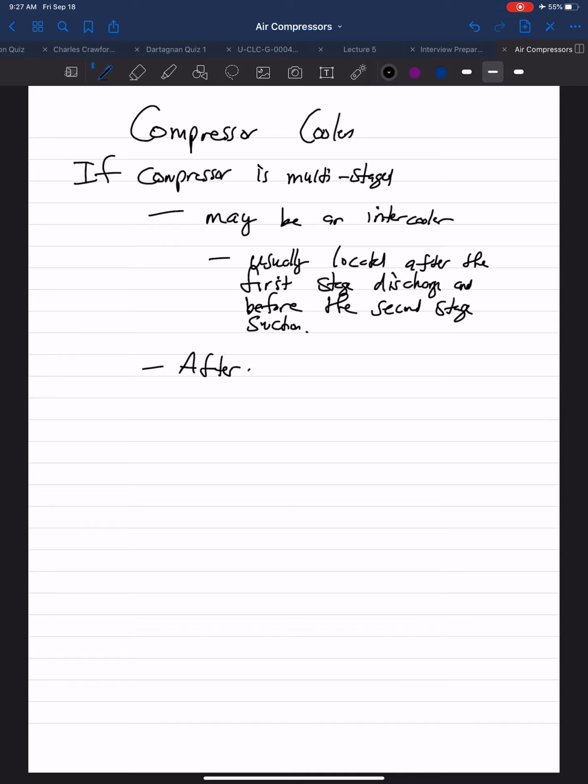Aftercoolers are located on the discharge of a compressor.